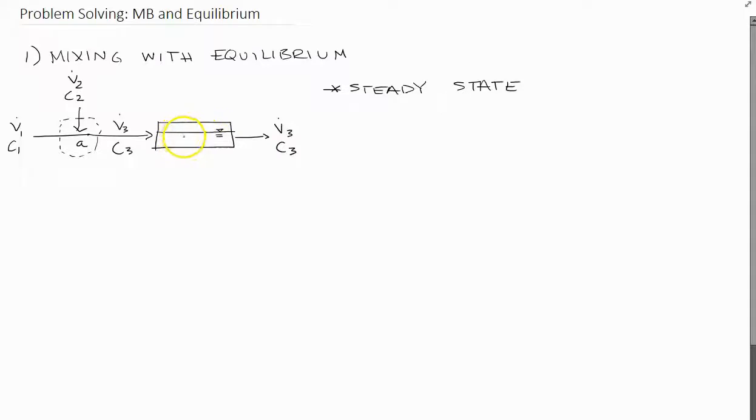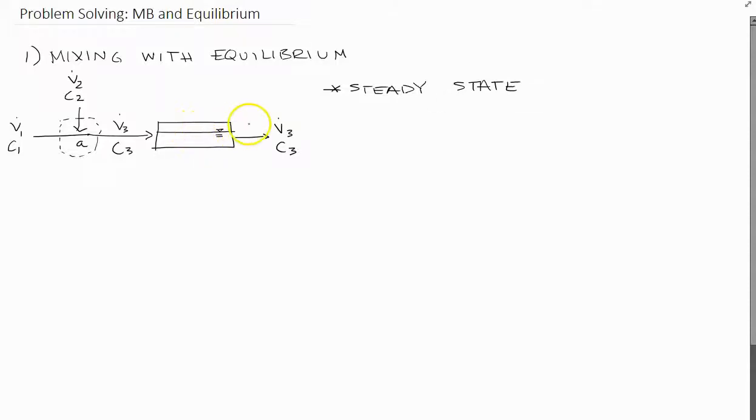I find that sometimes when you're thinking about problems, you're thinking about startup. So you might think, once fluid starts flowing here, there's this head space, this vapor space right here. That is going to be increasing in concentration, and so this C would be lower than this C because you're losing some of whatever C is to the headspace, which would be true on startup.